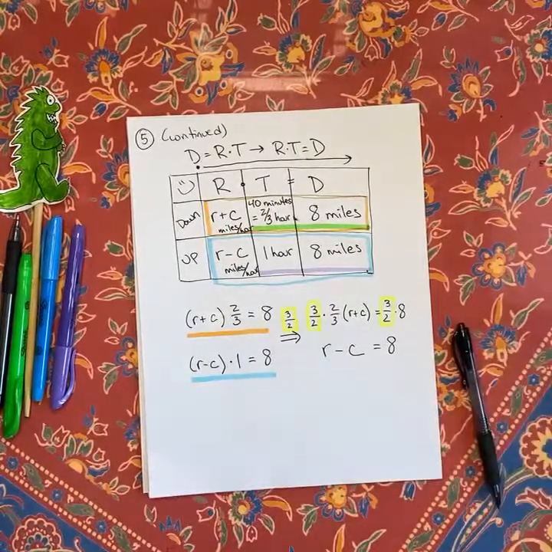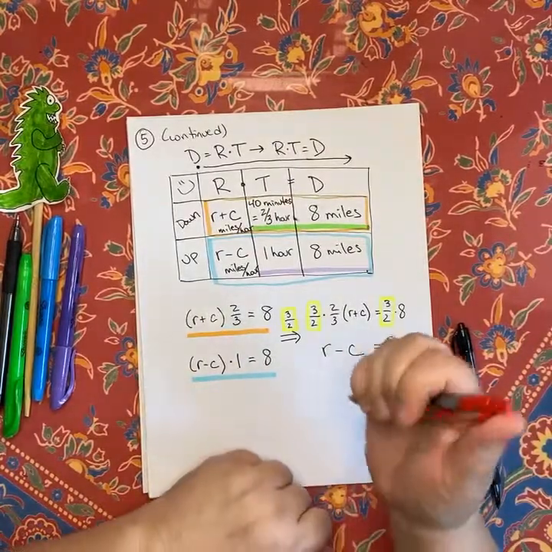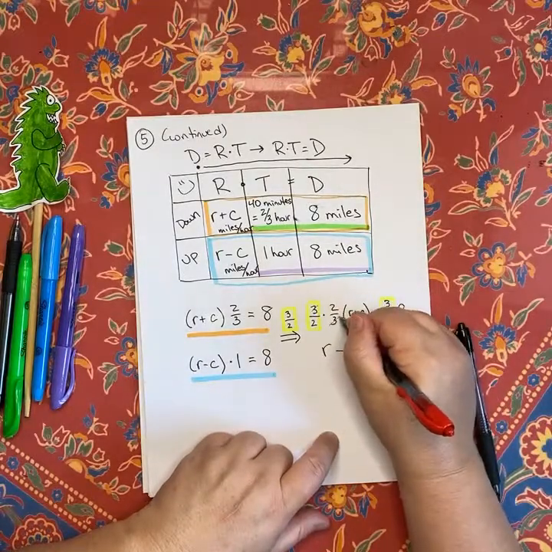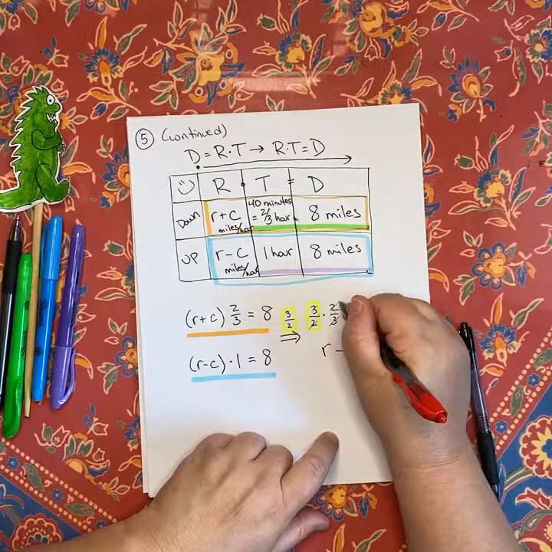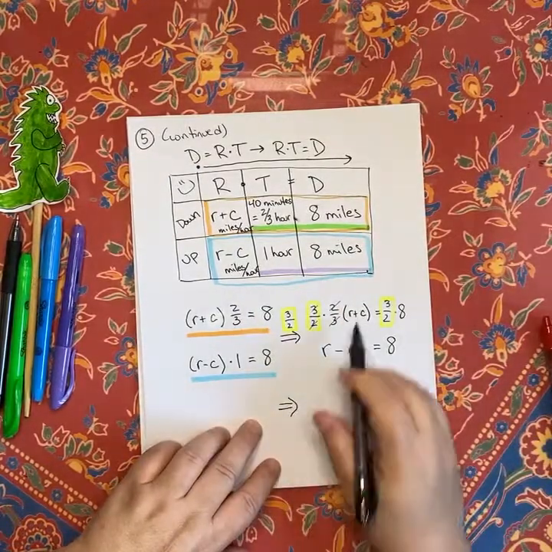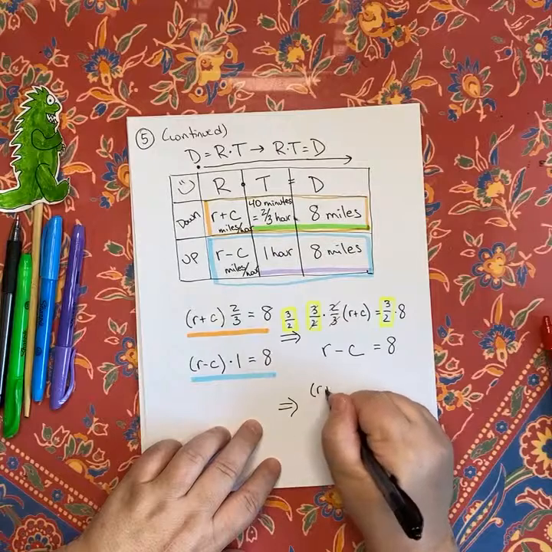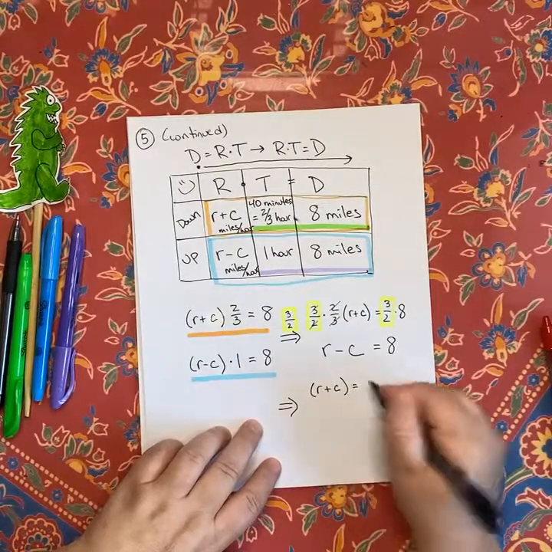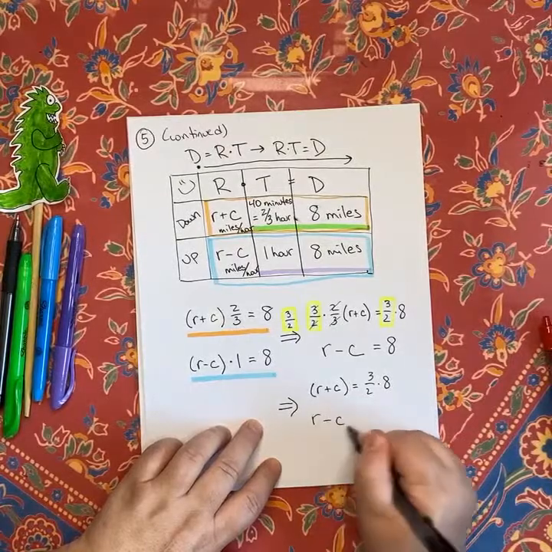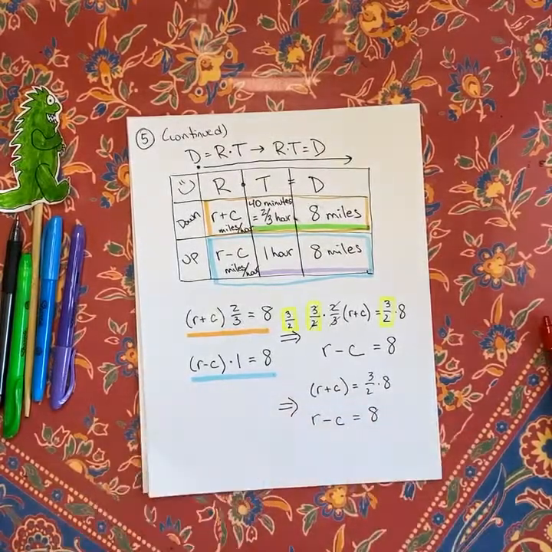The benefit here is, where's my red pen? When I multiply by 3/2, the 3 cancels and the 2 cancels. And so up on top, I've got just R plus C equals 3/2 times 8. And the bottom equation is R minus C equals 8.